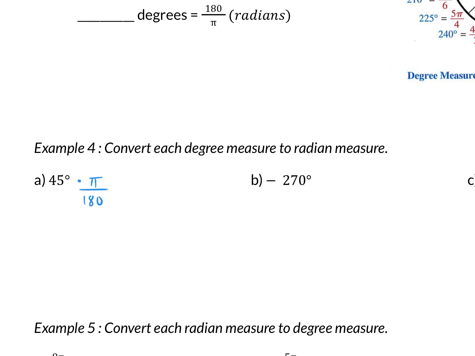Now, when you're evaluating this on your calculator, I don't want you to type 45 times pi and then divide by 180. All I want you to do in your calculator is the 45 divided by 180 piece, and then simplify that fraction. So 45 divided by 180, I think that gives you 1/4 pi. Or you could write this as pi over 4.